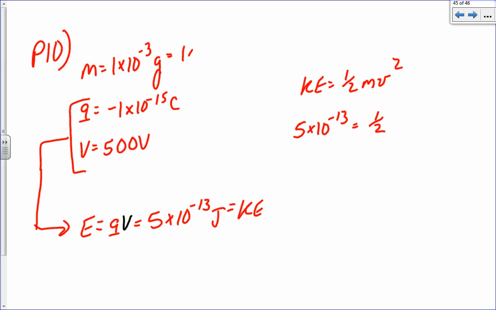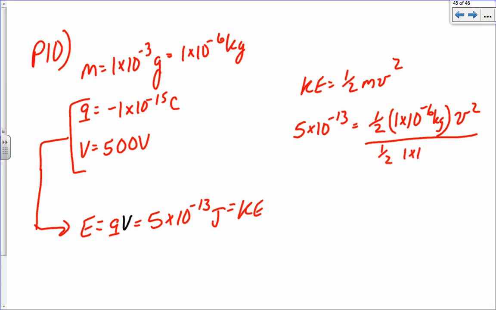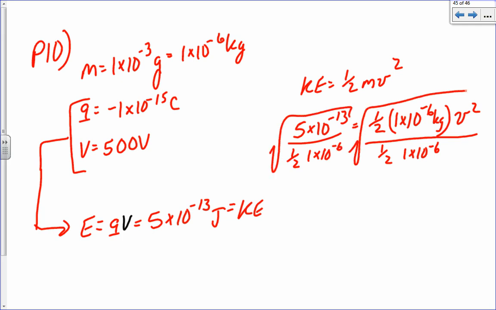So this is 1 times 10 to the minus 6 kilograms. On the quiz, I'll have them all in the correct units already. Times v squared. Just like we did on the previous, the math is the same. These cancel, and it gives me v. 1 times 10 to the minus 3 meters per second.